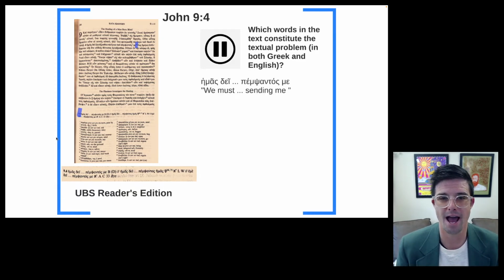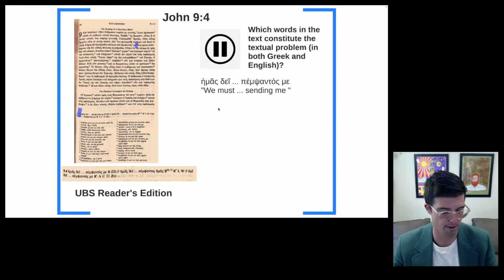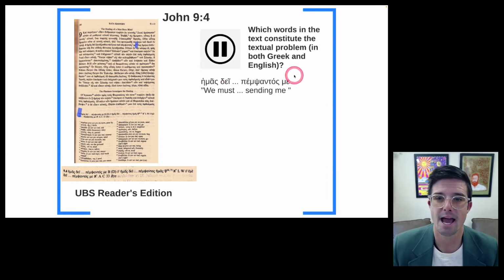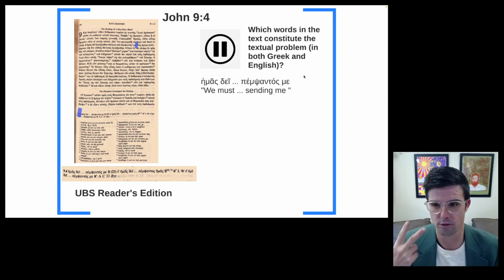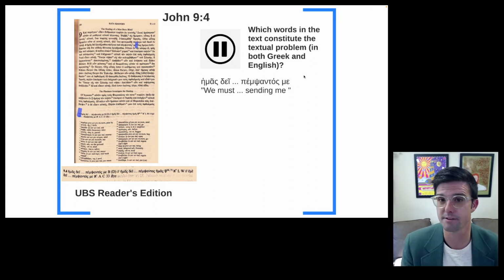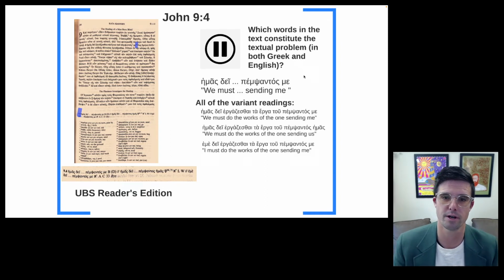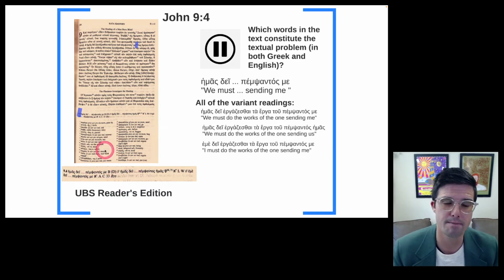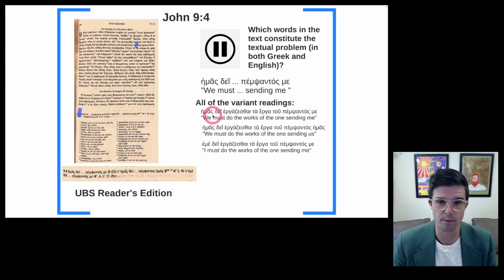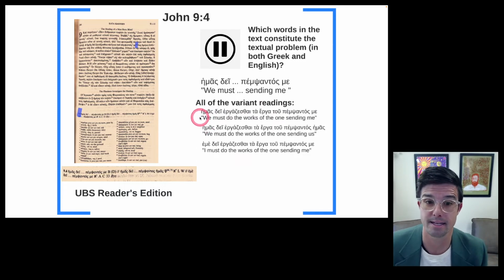All right, so we have these two words in particular, hemos and me, being the words where there is variance. So two different words with a couple of different options for what's going on here. If we were to take what we have in the footnote here, the different variant readings, and put it back into the passage as a whole, they would look something like this.